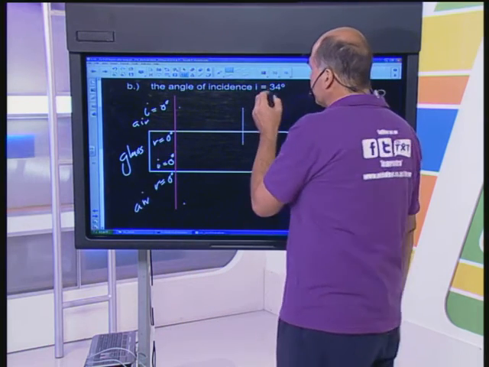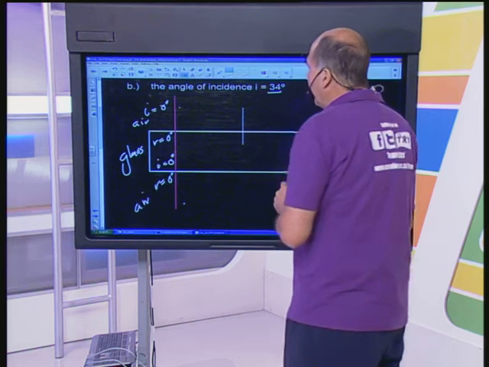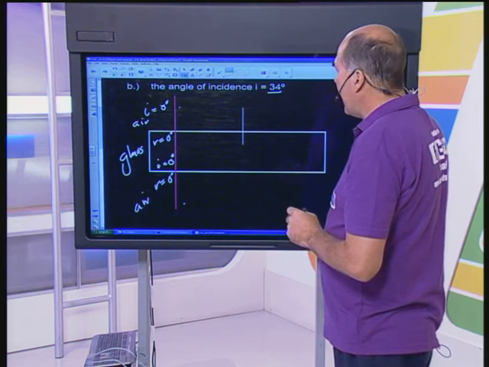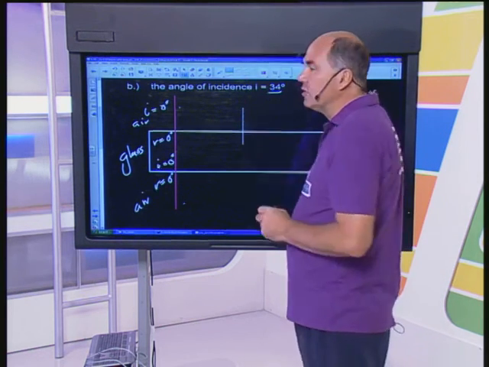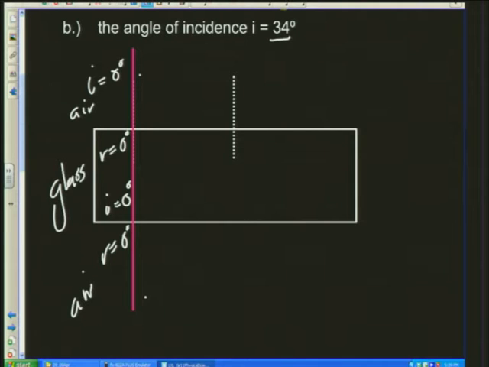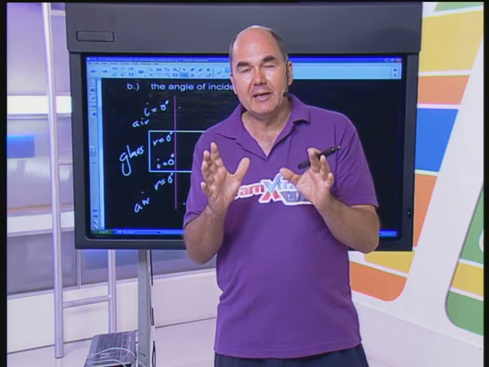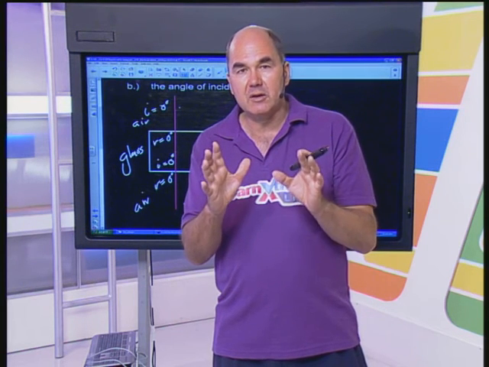Now, the next part tells us that we've got this angle of incidence is 34 degrees. Now, guys, if we're going to do this one properly, then we need to go back and just quickly make sure we've understood Snell's law.